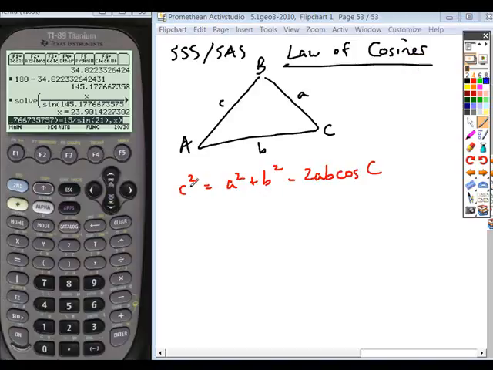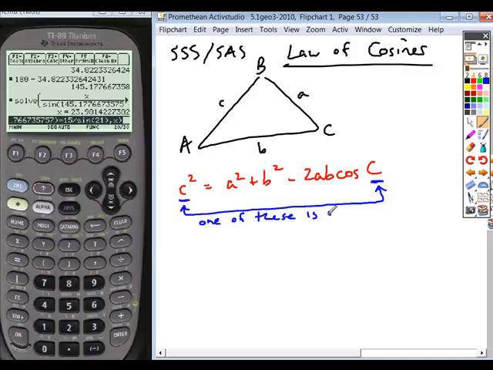Okay, now here's the key to the law of cosines. Whether you're SSS or SAS, one of these is the unknown. Whatever's on the extremes, the very first piece of information and the very last piece of information, one of those is the unknown, and the other is the piece of information opposite the unknown.